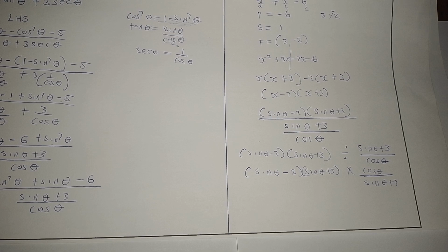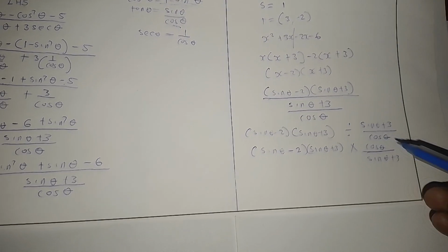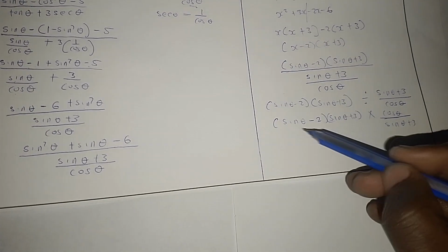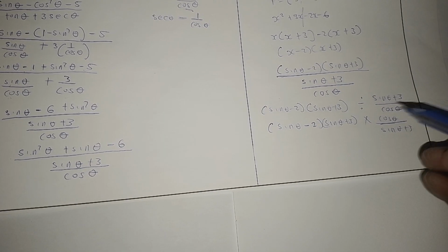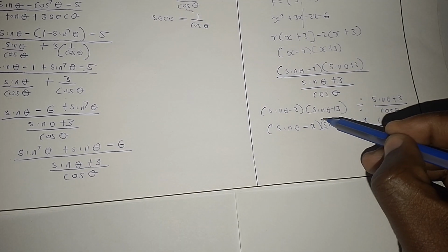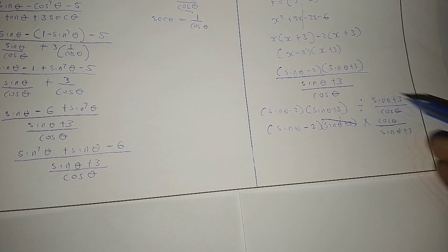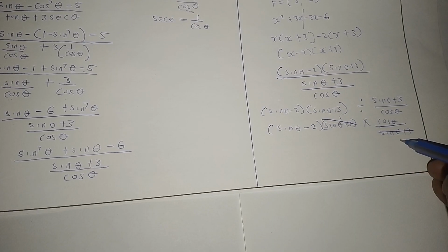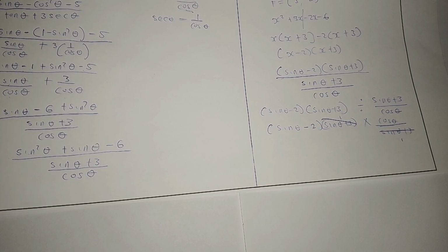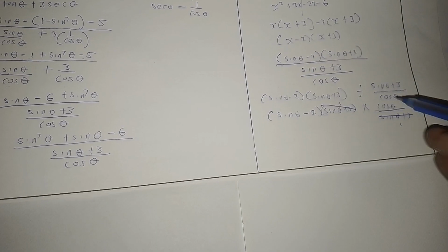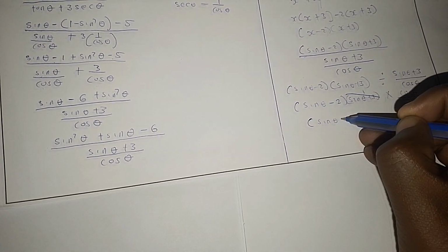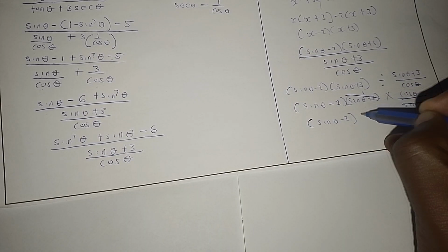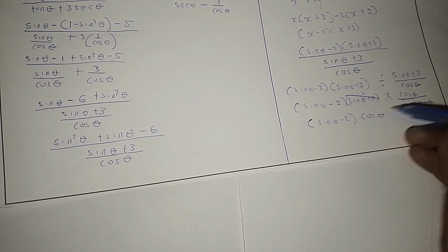This is addition mathematics. Now we observe if there is a common factor. Of course it is there, which is sine theta plus 3. So this will be cancelled and what will remain is 1. This will be cancelled and what will remain is 1. You see that? Now 1 into cos is just cos. So what I will remain with is sine theta minus 2 multiplied by cos theta.